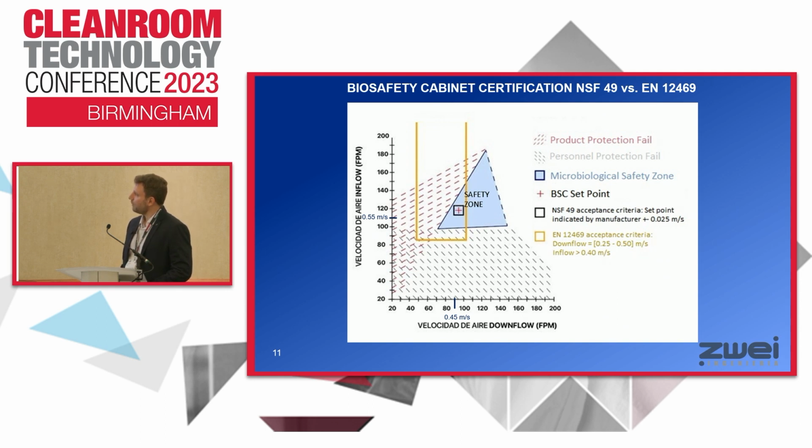If we have a small amount of inflow, the personal protection fails, and we can still comply with the EN in this point, compromising both the product and the personal safety.